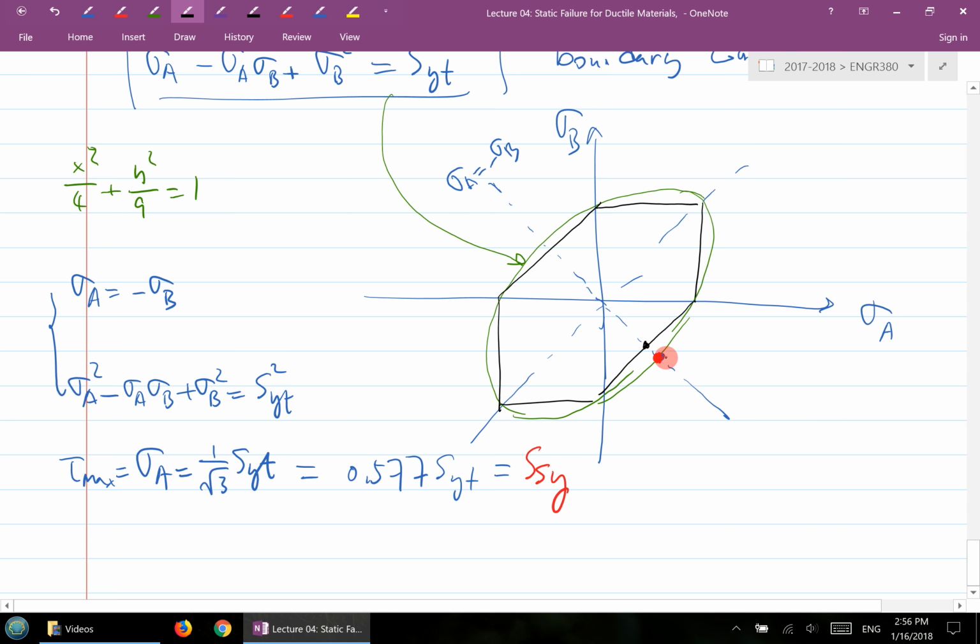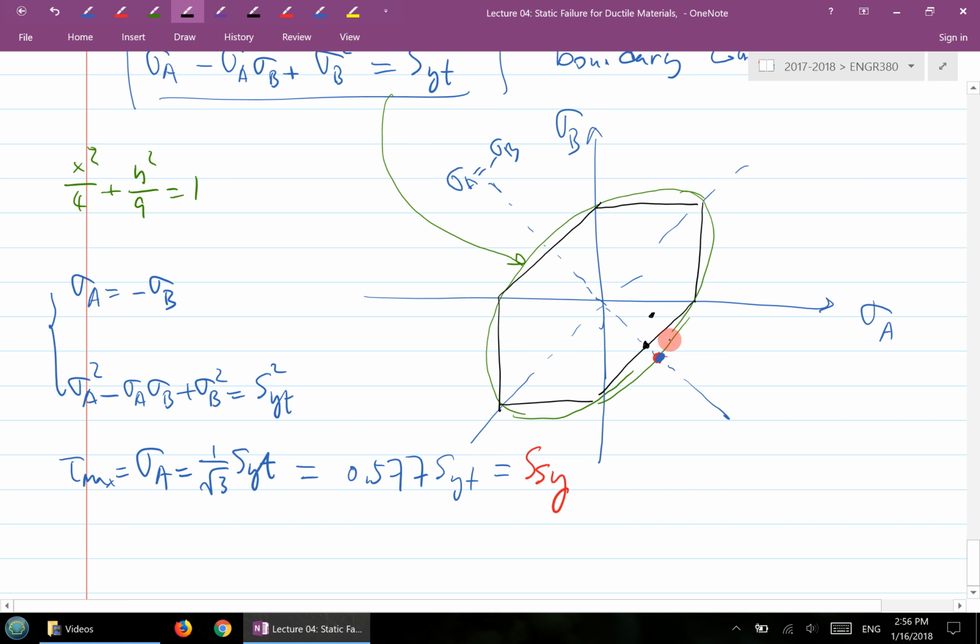So here's a question. You have an MSS theory and you have a DE theory. You could calculate a safety factor based on MSS or based on DE, right? Which one is more conservative? Exactly. MSS is the black one inside the DE. If I pick a point over here, both theories consider this safe, right?